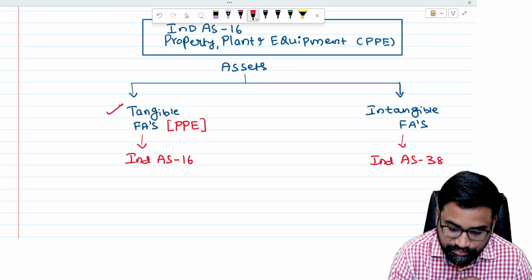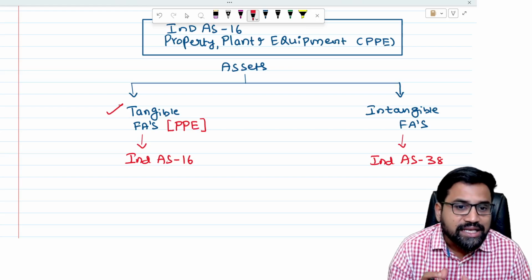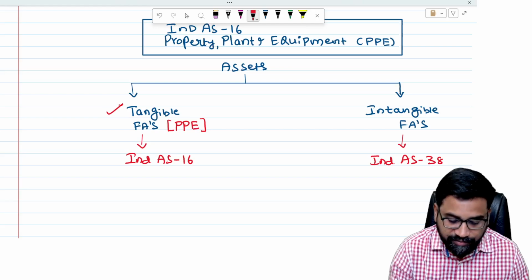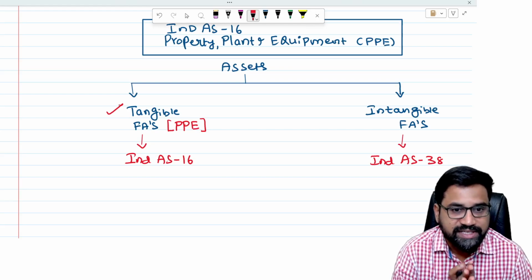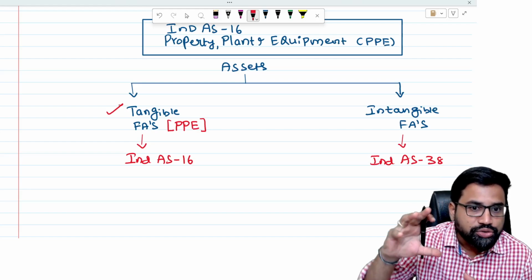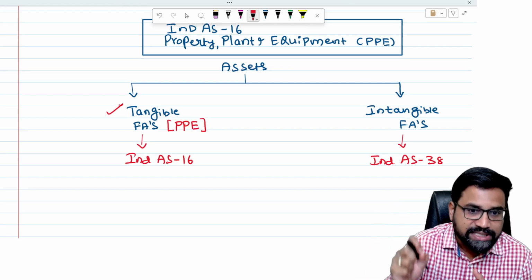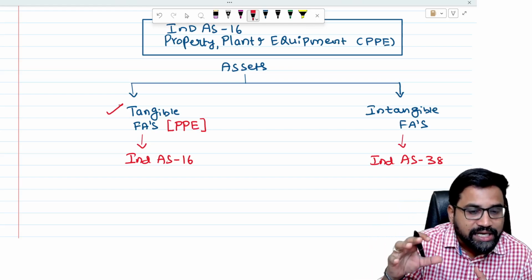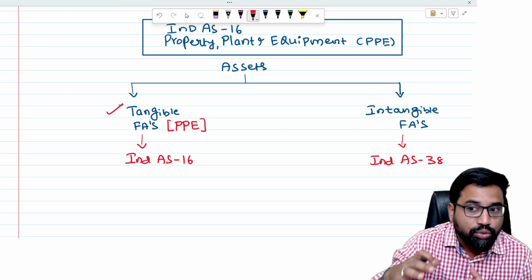Now sir, why is there a need for a separate accounting standard for accounting of tangible fixed assets or PPE? See, suppose you take an asset. First you will acquire the asset. When you acquire an asset, you need to recognize it in the books. So what is the point?